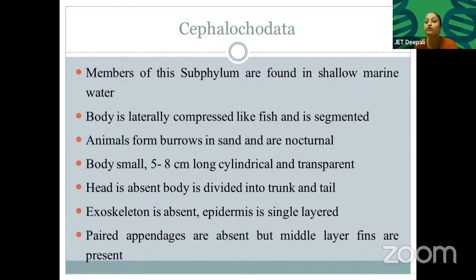They are fossorial and nocturnal. Why nocturnal? Because they reside in the shallow water of the sea, so they should be nocturnal. They come out only in the dark, and this is a kind of protection. They know that during the dark we are less harmed.